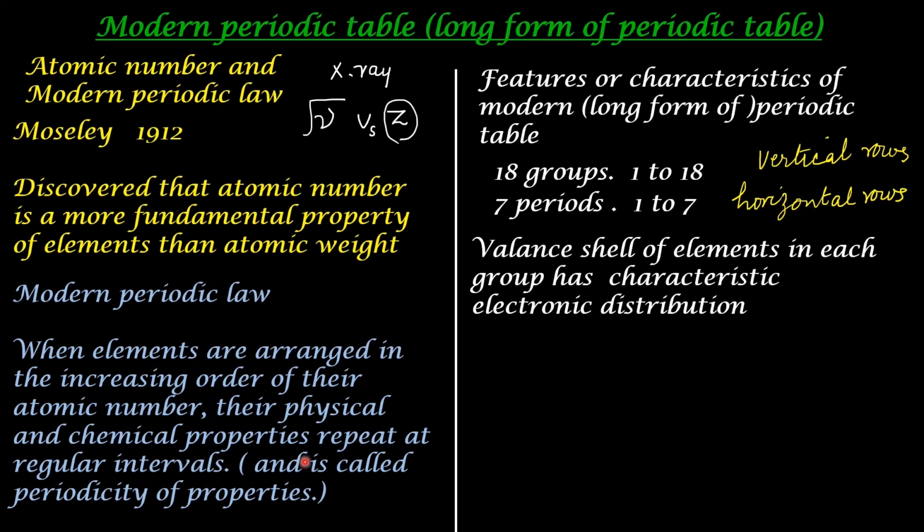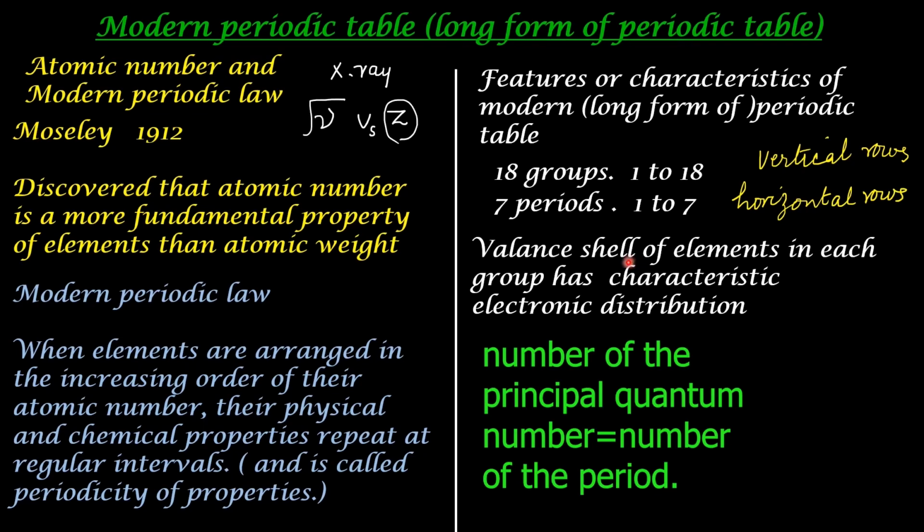Valence shell is the outermost shell. For example, first group elements have outermost valence shell electron distribution as ns1. n is the number of the period, which is incidentally equal to the principal quantum number. You will understand this better as we proceed with the class.